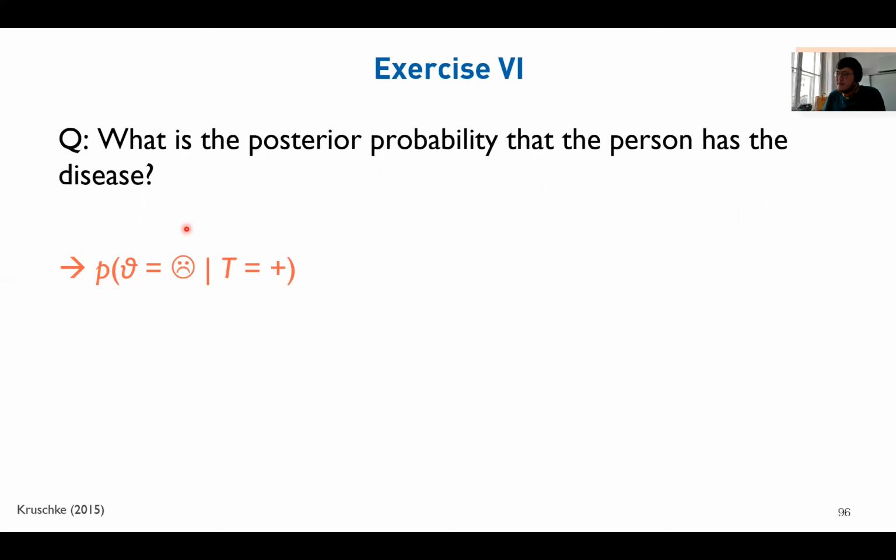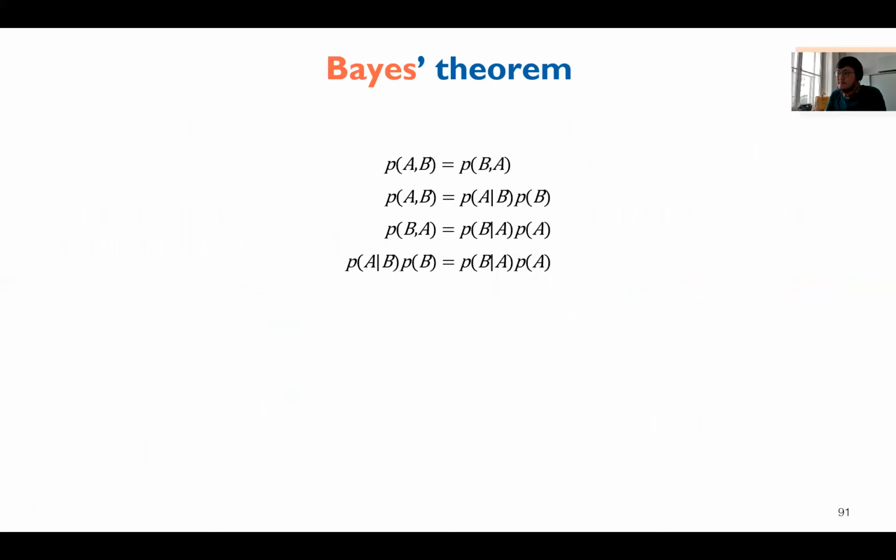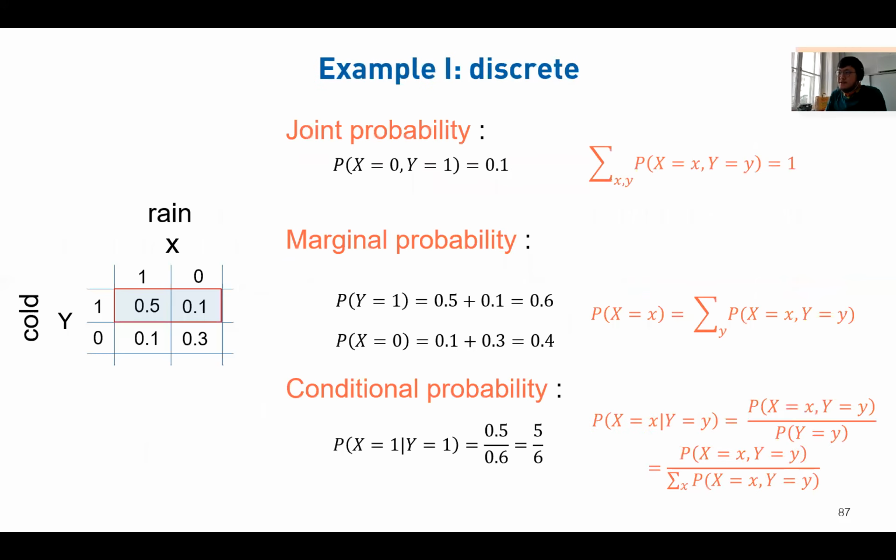So I can give you 5 minutes. All those numbers are shown here. The hint to calculate this, to finish up today, is to go back to the rain and cold example.